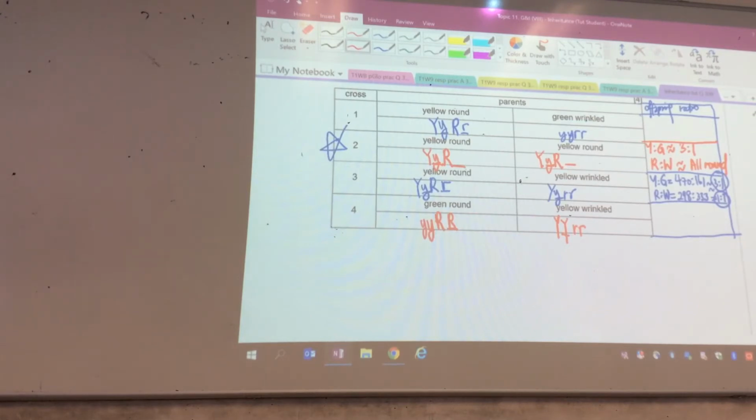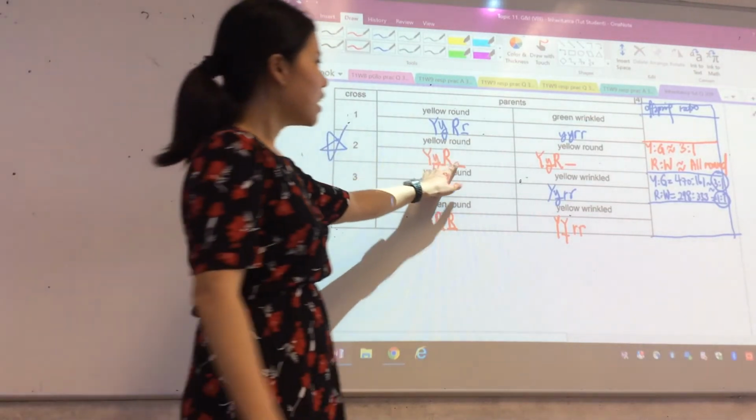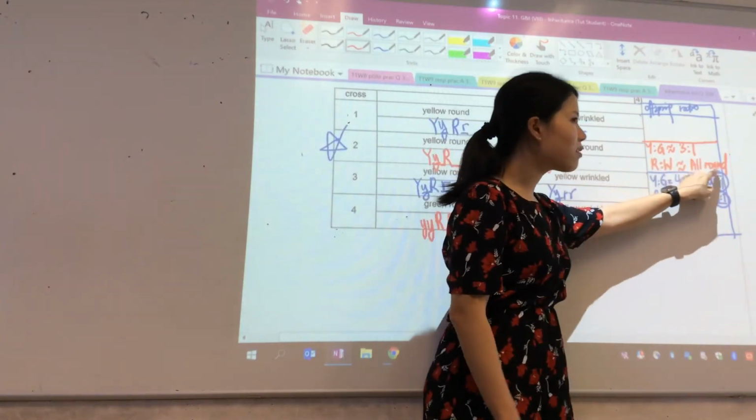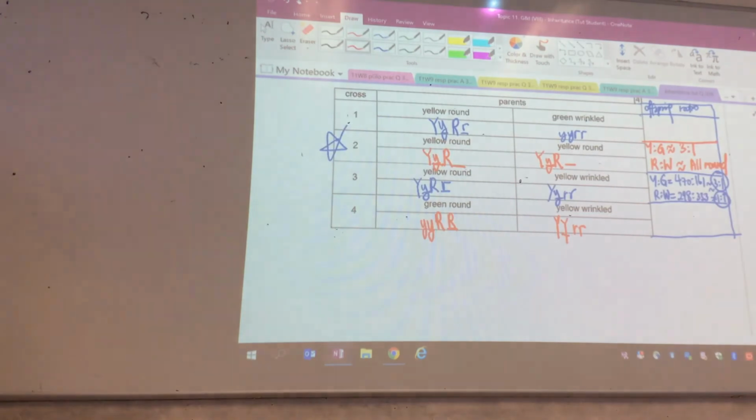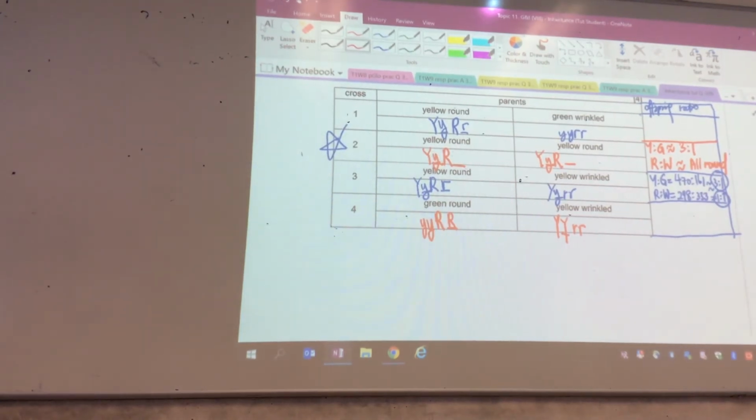Exactly. It can be both big R's, giving you all round, or it can be one big R and one small r. So there are two possibilities, okay? The first possibility is like this. The second possibility is this one or this one.